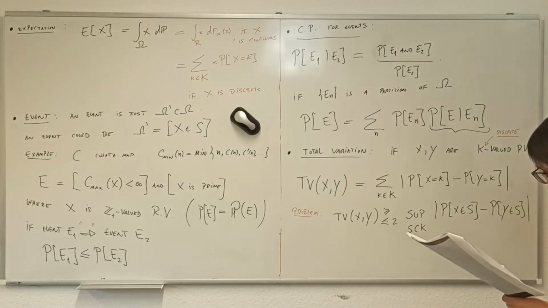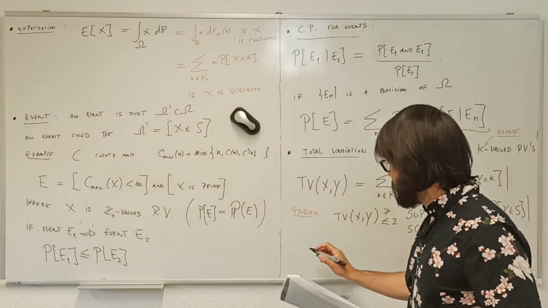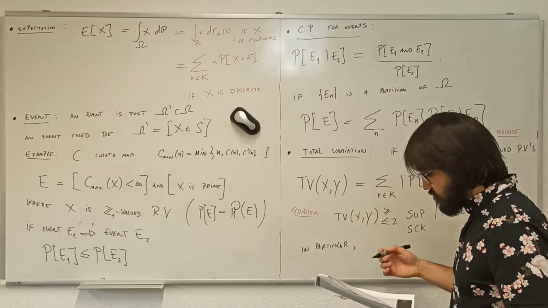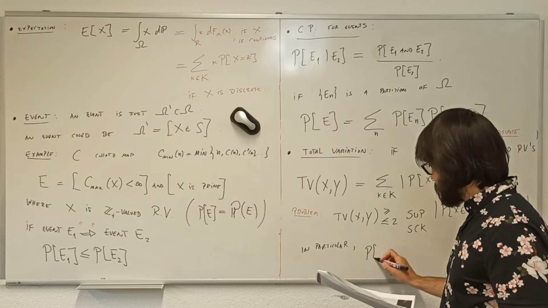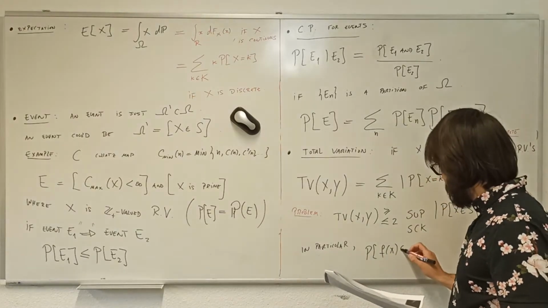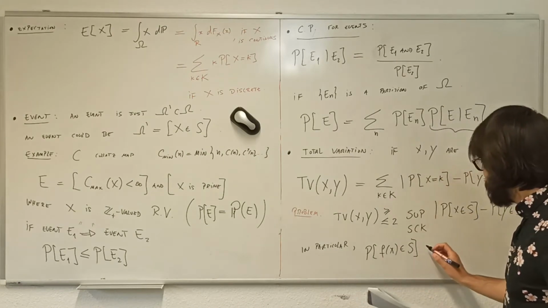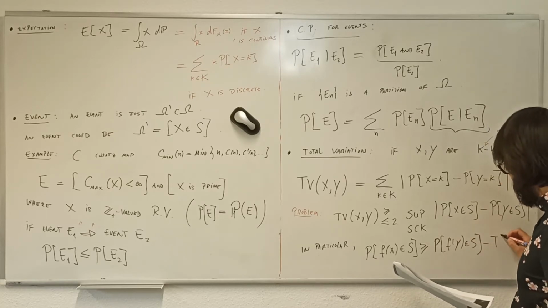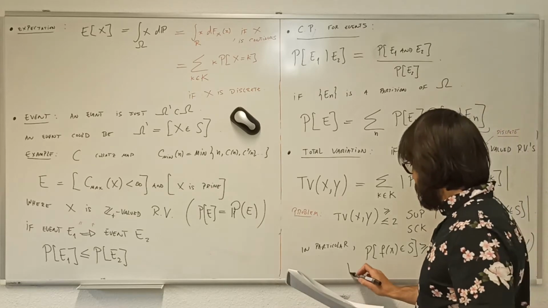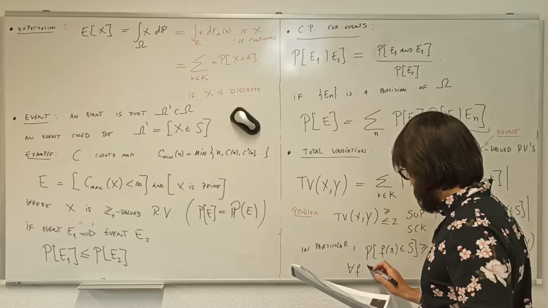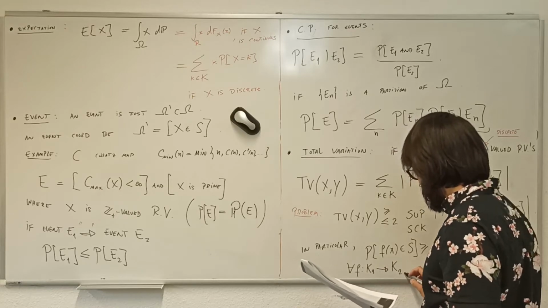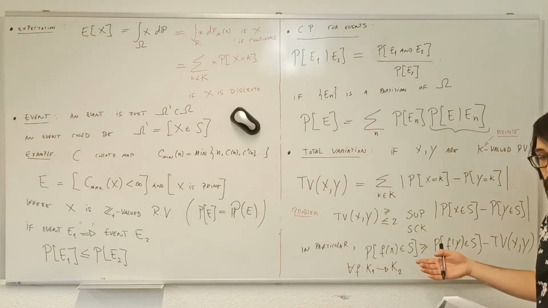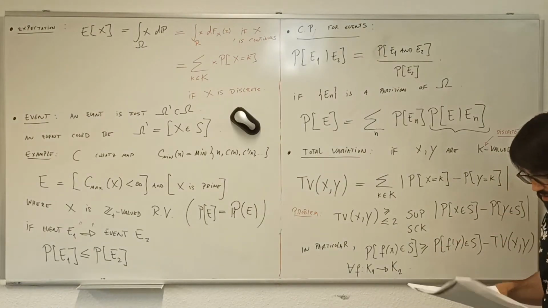In particular, if you have two random variables, two functions, let's say f, the probability of f of X belonging to a set will be greater or equal than the probability of f of Y belonging to the same set minus the total variation of X and Y. And this is for every function f from K1 to K2, where K1 and K2 are discrete spaces.